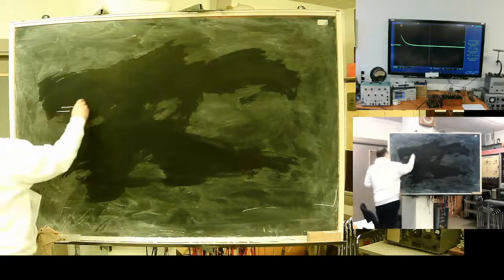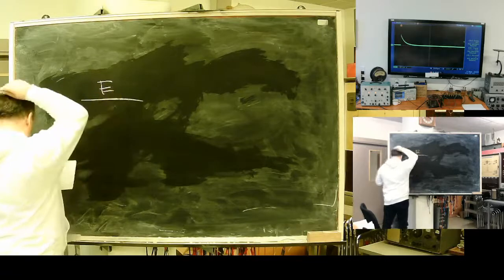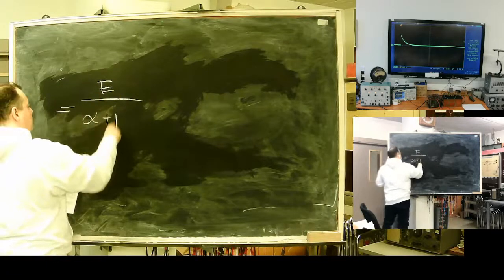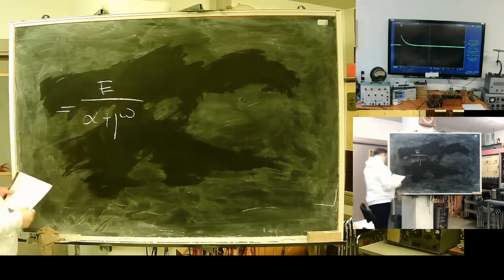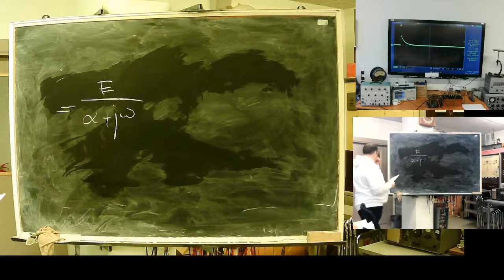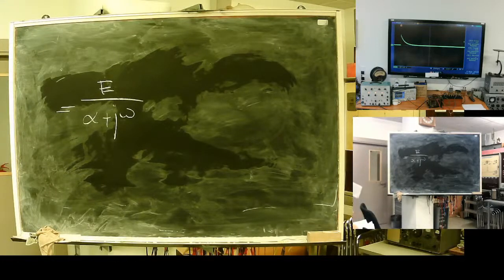What will I get? 1 divided by alpha plus j omega. I can separate the absolute value.